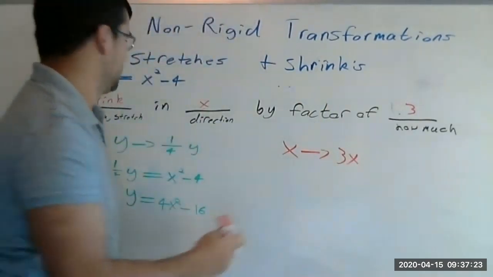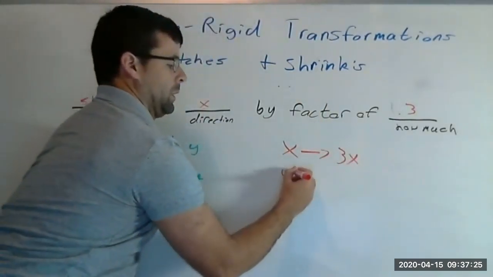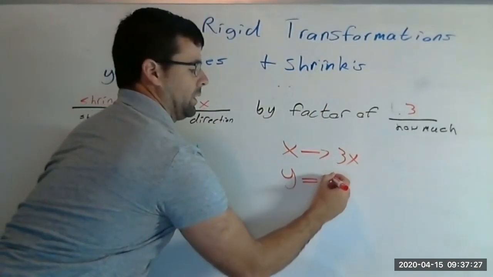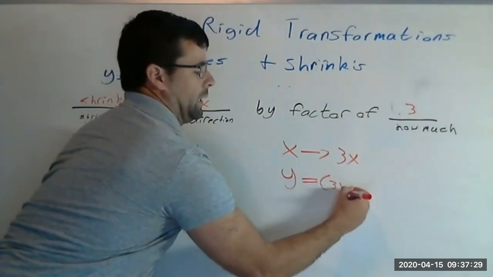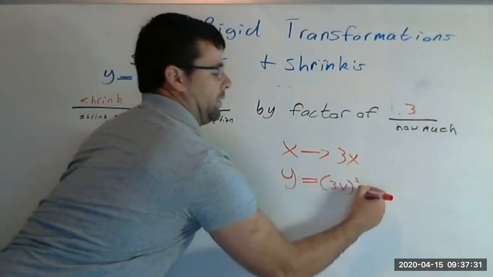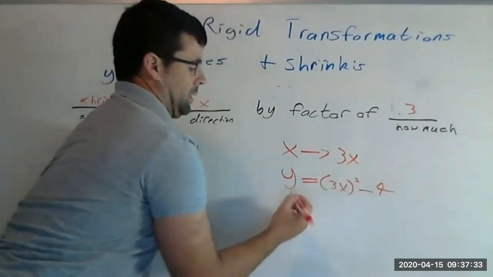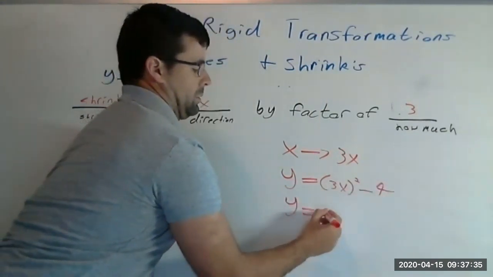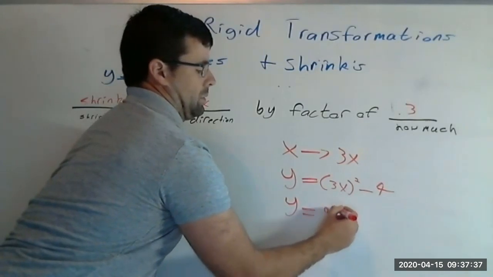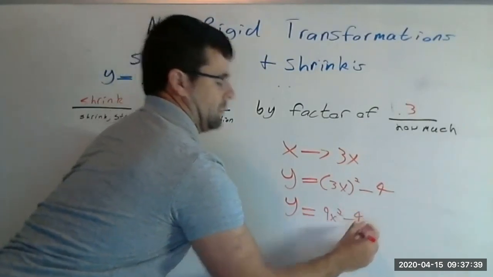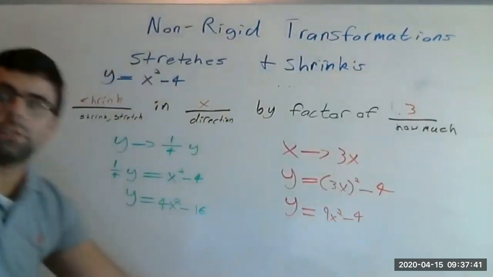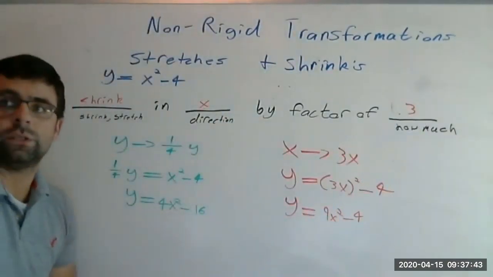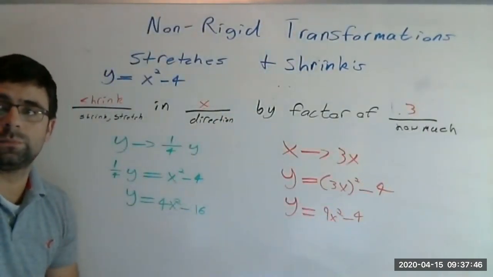All right. Well, y equals 3x squared minus 4. So y equals 9x squared minus 4.